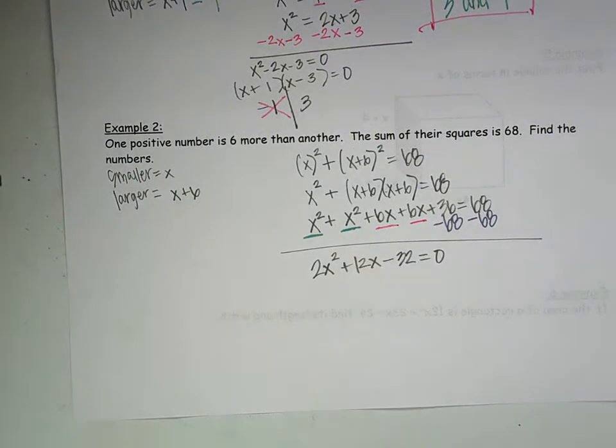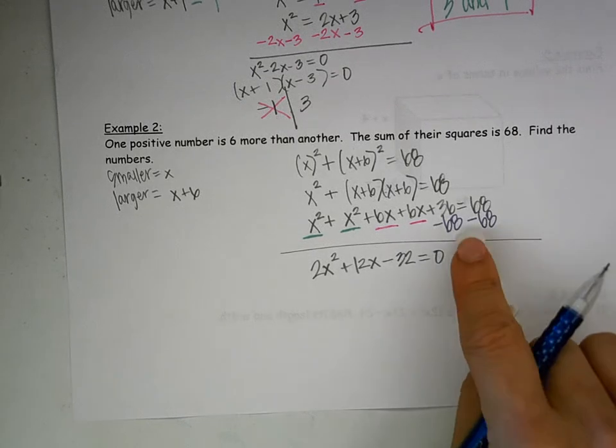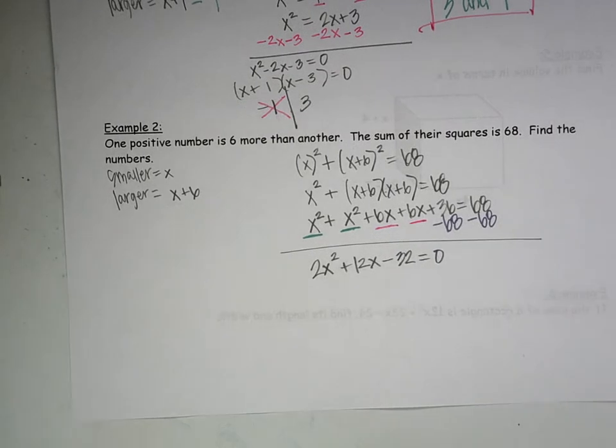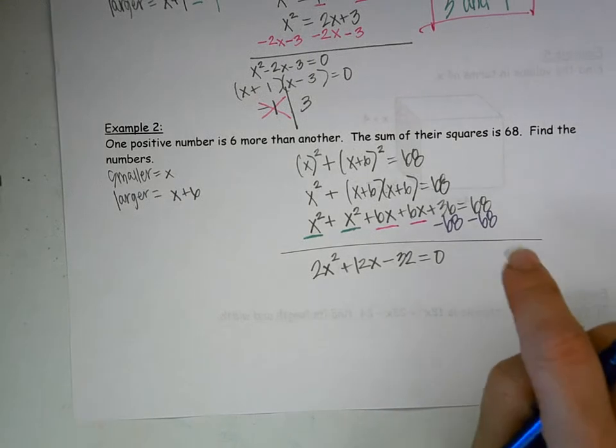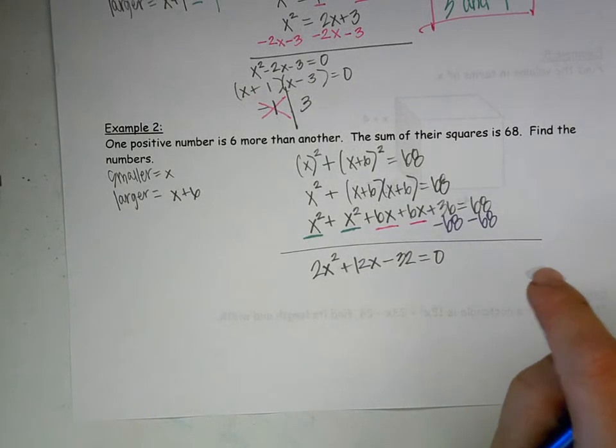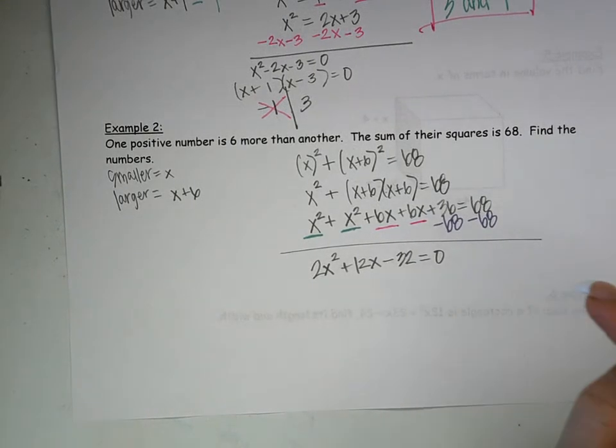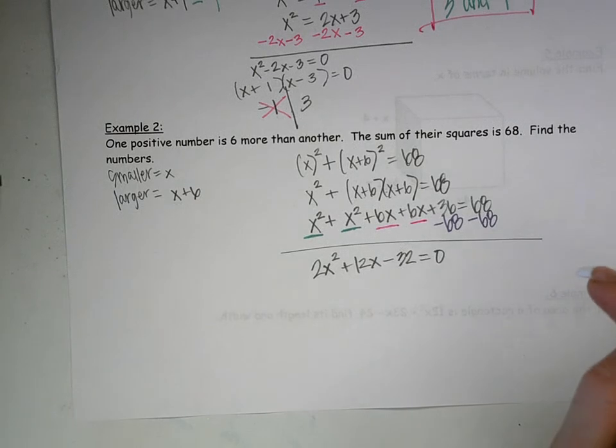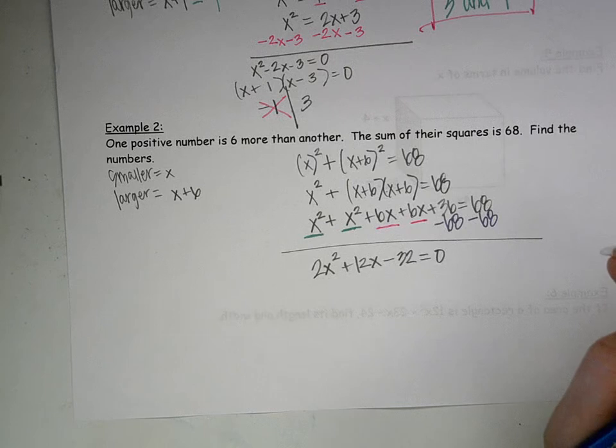Do you guys remember the song? Sing it, please. If it's the same signs, you add them, keep the sign. If it's different signs, subtract them, take the sign of the larger one. The song is to the tune of Row, Row, Row Your Boat. Same signs, add and keep, different signs, subtract.